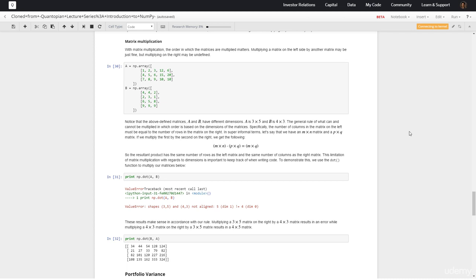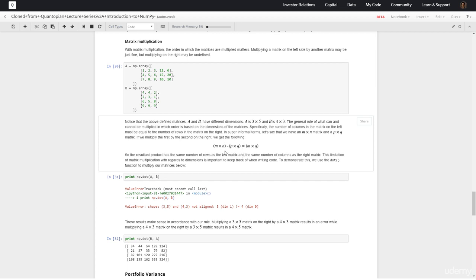So let me repeat this again. The number of columns in the matrix on the left must be equal to the number of rows in the matrix on the right. In super informal terms, let's just say we have a m times n matrix and p times q matrix. If we multiply the first by the second on the right, we get the following. m times n, the left one, p times q, the right one.